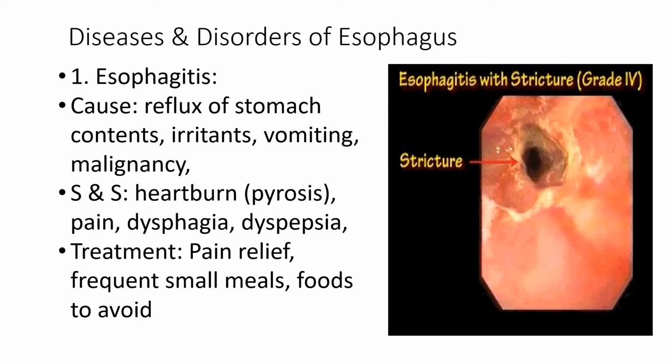Signs and symptoms include heartburn, pain, dyspnea, dyspepsia. Burping all the time, people feel very uncomfortable because they always get this feeling in their mouth, or they have to burp. Treatment is to get that pain relief, to give small, frequent meals, and to watch for certain foods to avoid. And sometimes that includes coffee, sometimes that includes broccoli.